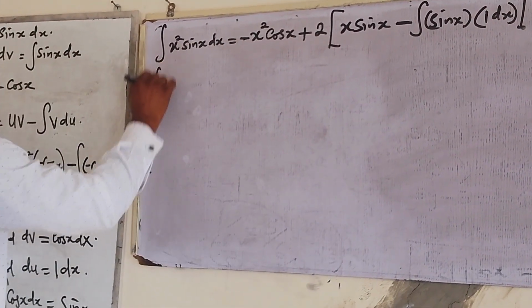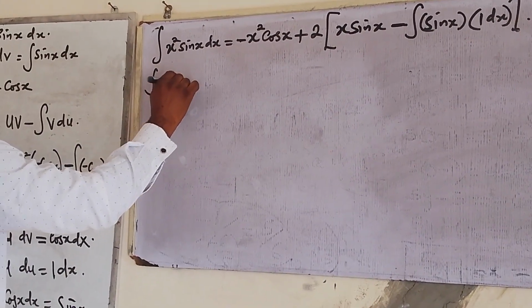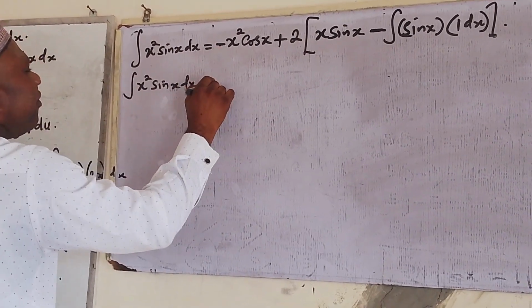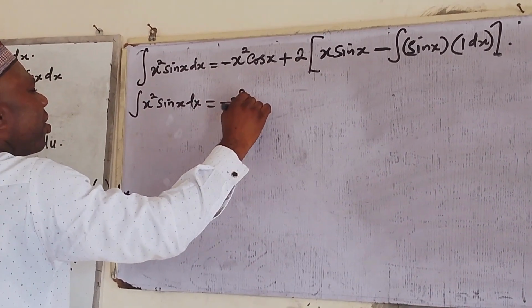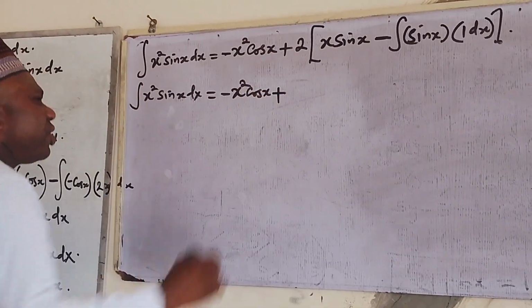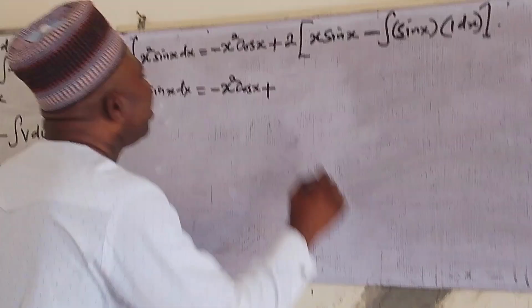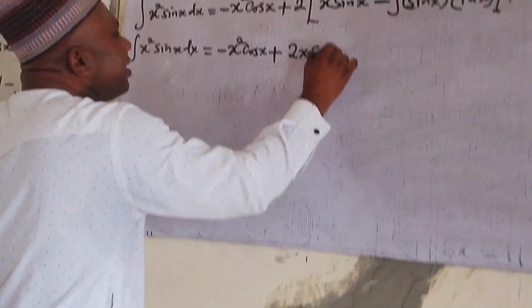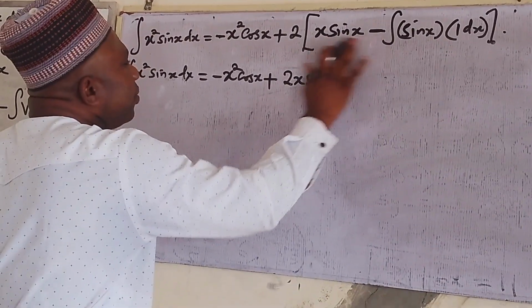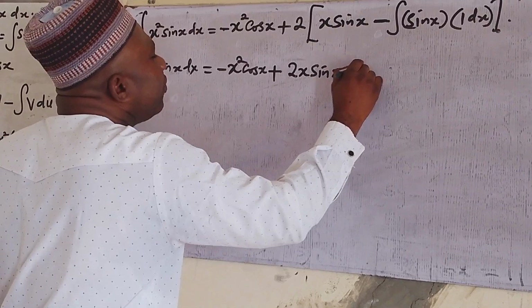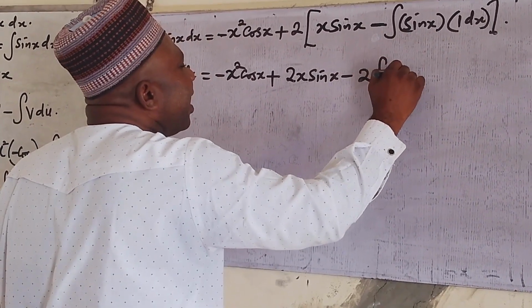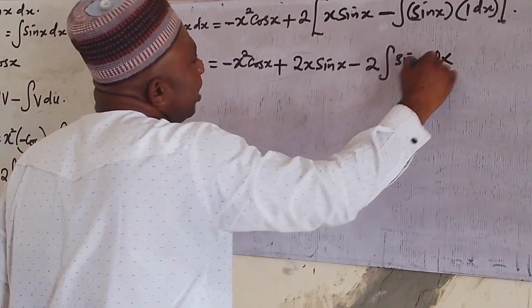Now the whole of this. So it means integral x squared sine x dx will be equal to minus x squared cos x plus, if you multiply this, we have plus 2x sine x, then here we have minus, so 2 times minus 1, that will give us minus 2 integral sine x dx.